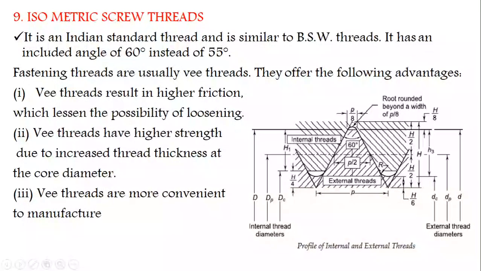It increases the tool life of the thread cutting tool. It reduces the possibility of damaging the threads by denting. In fluid-tight threads, it prevents leakages because of the engagement of threads on crest and root.